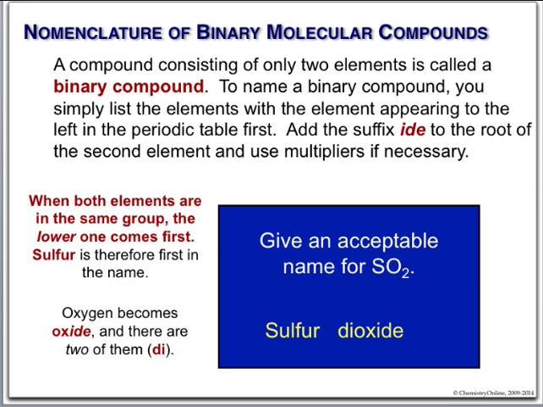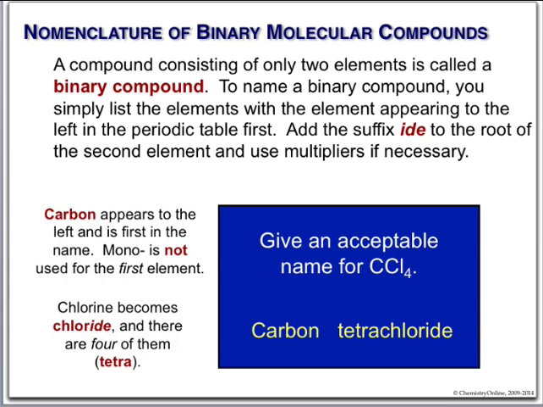Actually, let's go back to this. I forgot to mention this. When the first element only has 1 of the element in the compound, so this is 1 carbon, 4 chlorines, we do not use mono, okay?